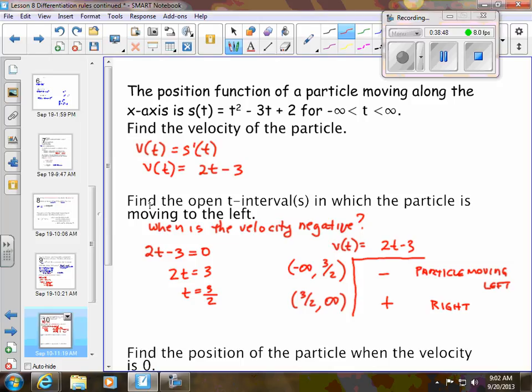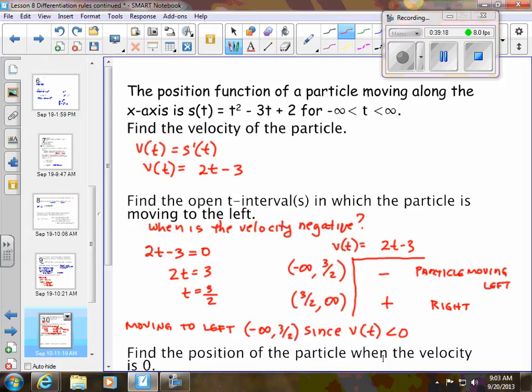The question said find the open t interval or intervals in which the particle is moving to the left. So we say it is moving to the left in the interval negative infinity to 3/2 since the velocity is less than 0.